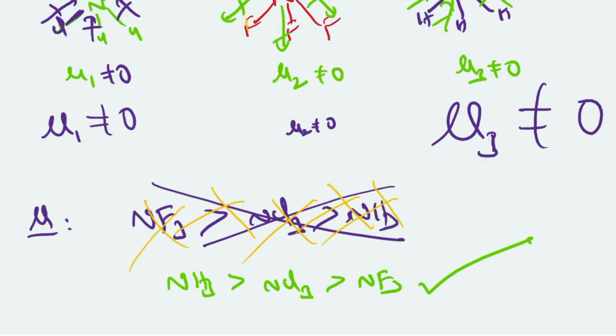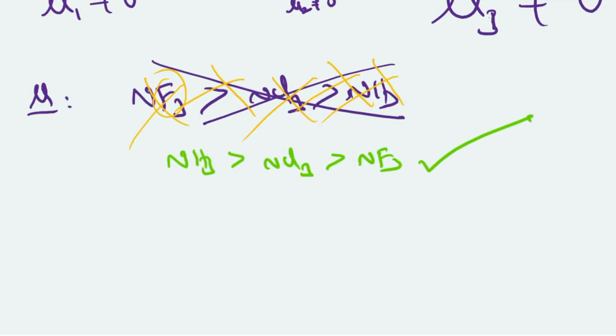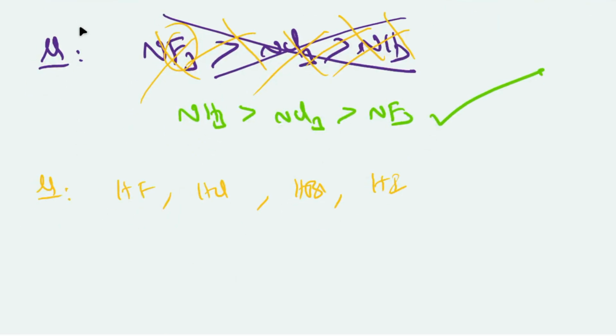Because everybody thinks fluorine has the highest electronegativity, so it must have the more value. Correct. Now if you check the dipole moment order for HF, HCl, HBr, HI, here there is only one bond, so the electronegativity difference from fluorine is the largest. Therefore the dipole moment order is HF greater than HCl greater than HBr greater than HI.